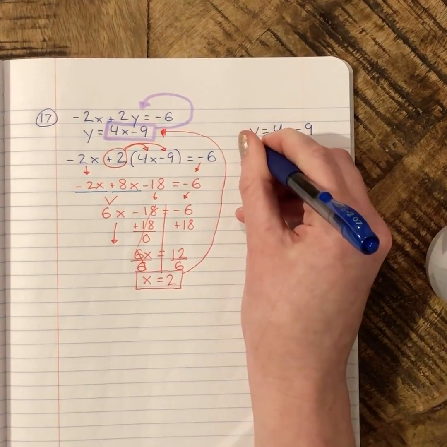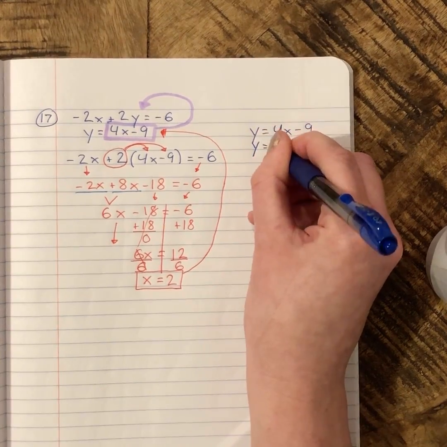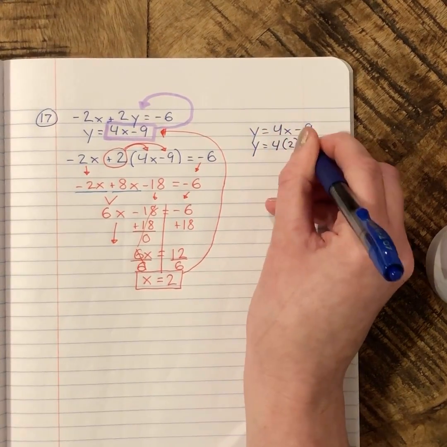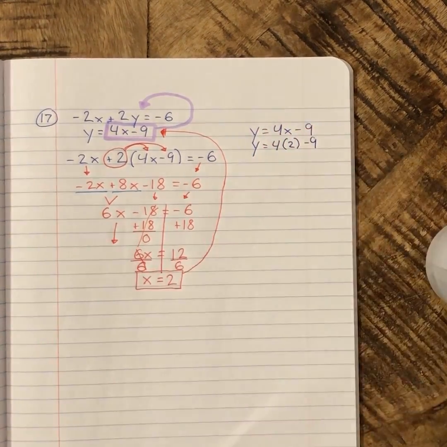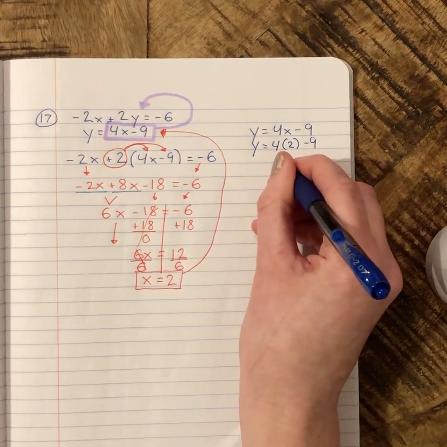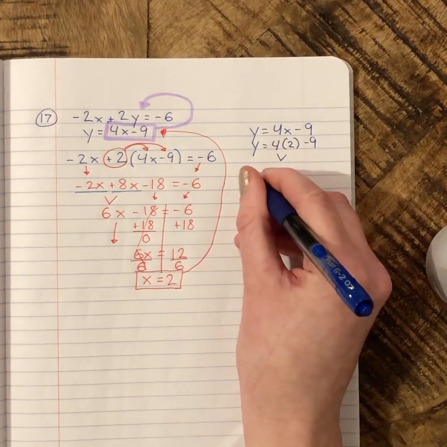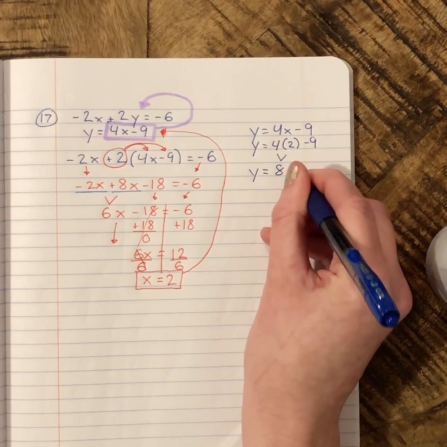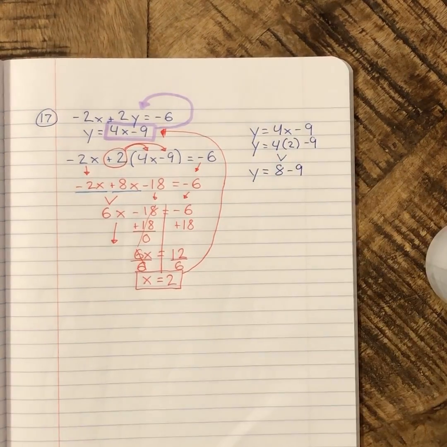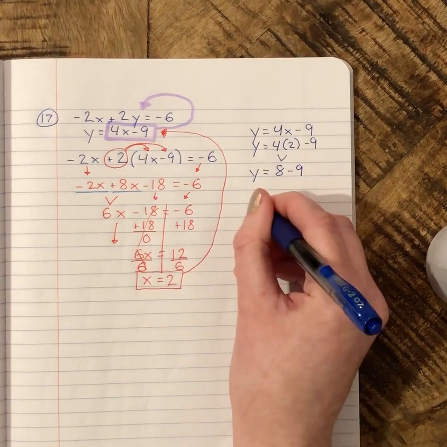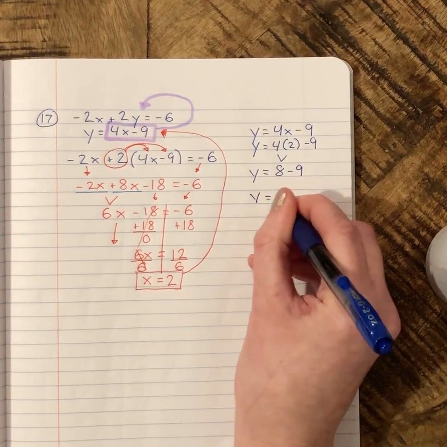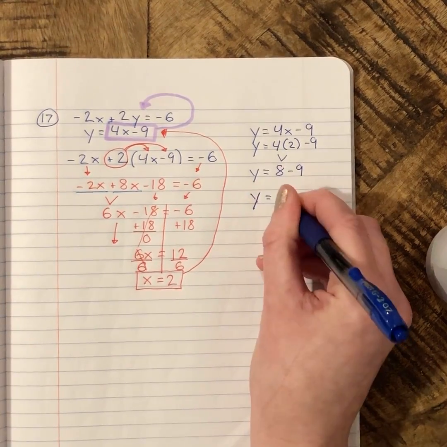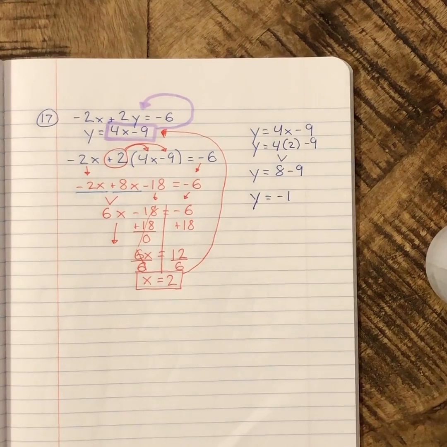So my new equation is y equals 4 times 2 minus 9. When I multiply 4 times 2, I get 8. So y equals 8 minus 9, which brings us to y equals negative 1.